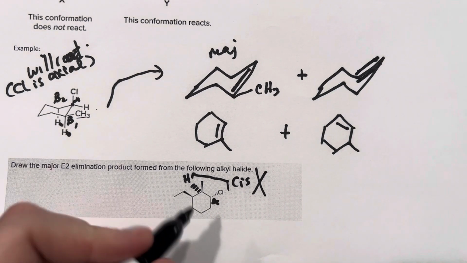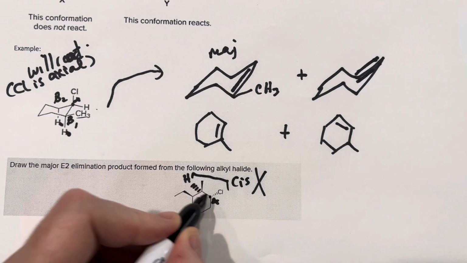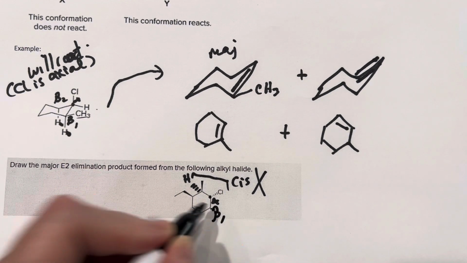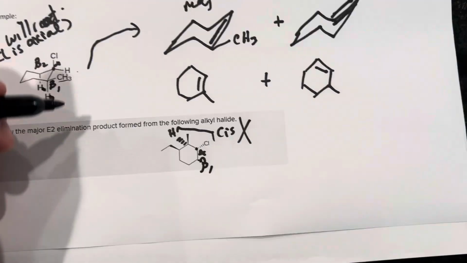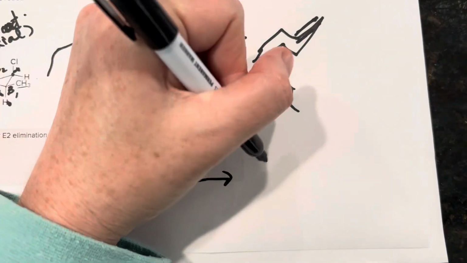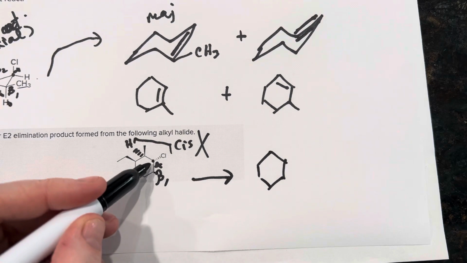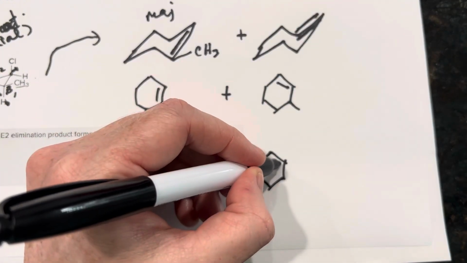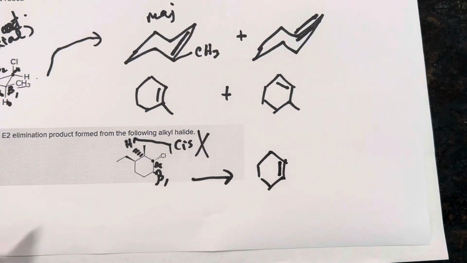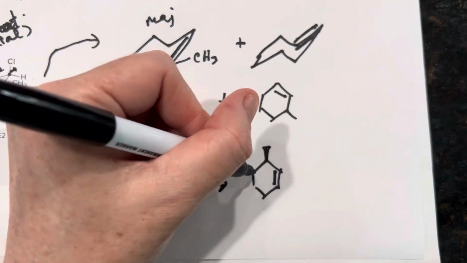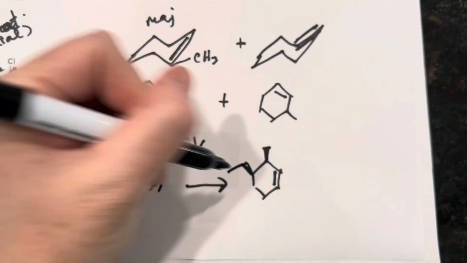So the only hydrogen it can take, that was going to be our beta 1, is right here. And so the product that we'll get will be where we form between here and here, like that. Everything else remains the same. We didn't touch this thing up here, and we didn't touch this ethyl group over here either.